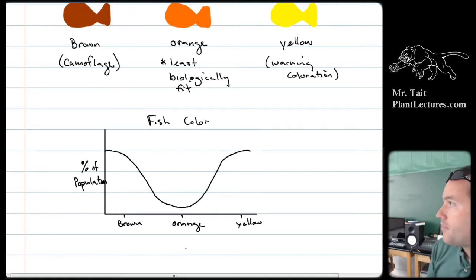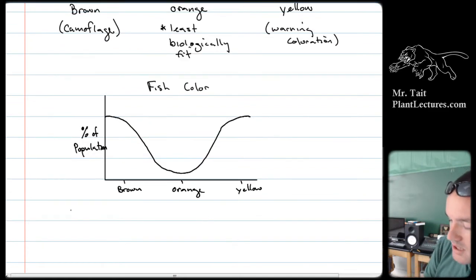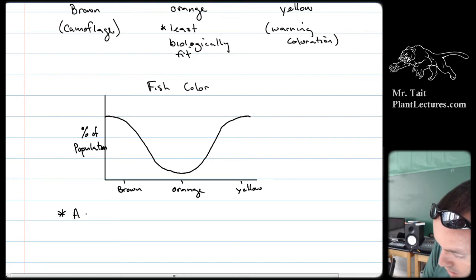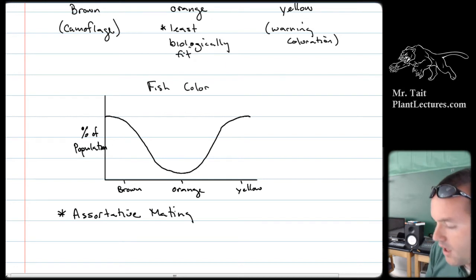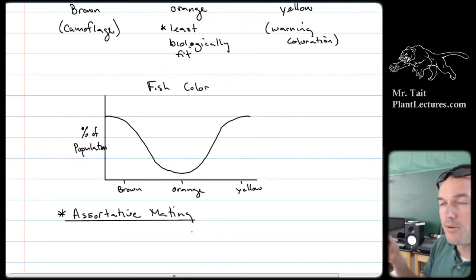So, also, this is going to cause something called assortative mating. Okay, and assortative mating means that organisms will tend to mate with a partner that has the same phenotype as them.